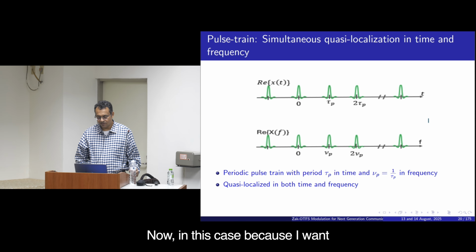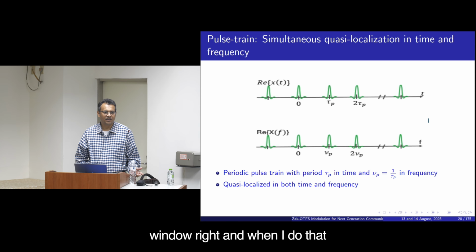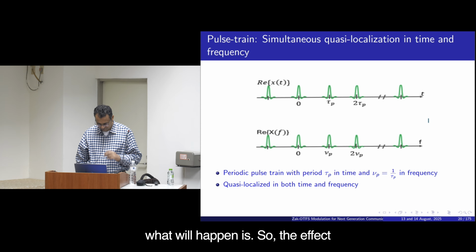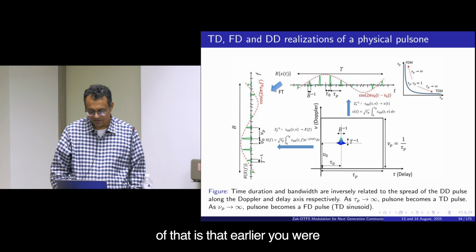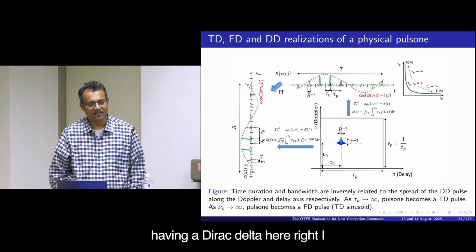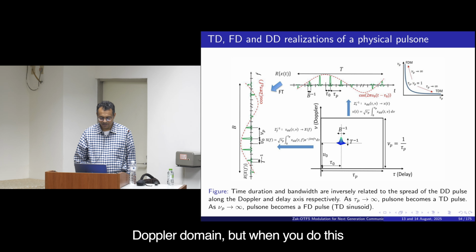Now in this case, because I want to have a finite time as well as finite bandwidth, what I will do is filter this with a sinc pulse and multiply with a time window, right? The effect of that is that earlier you were having a Dirac delta here, in the mathematical delay-Doppler domain.